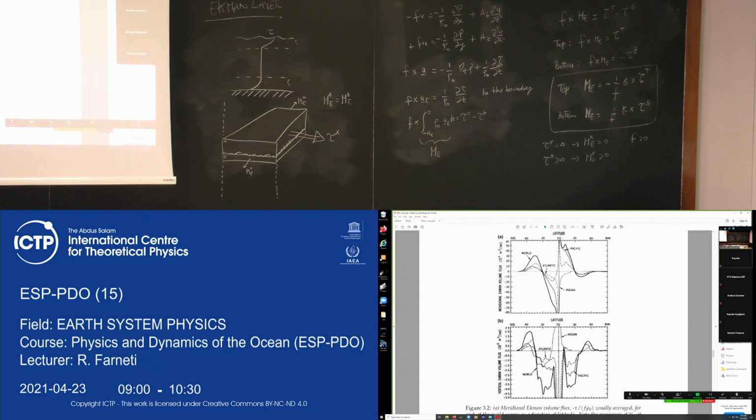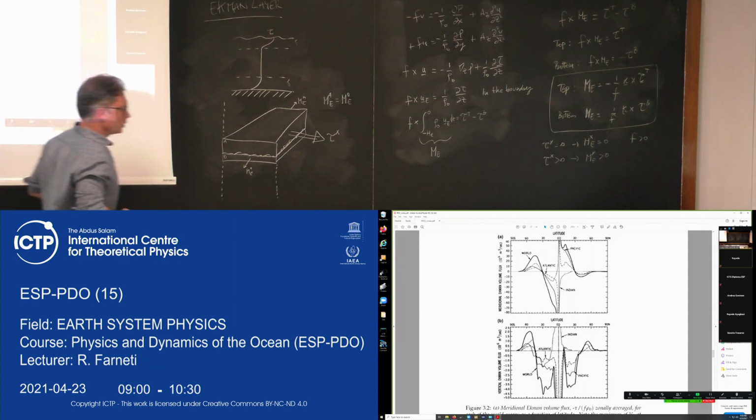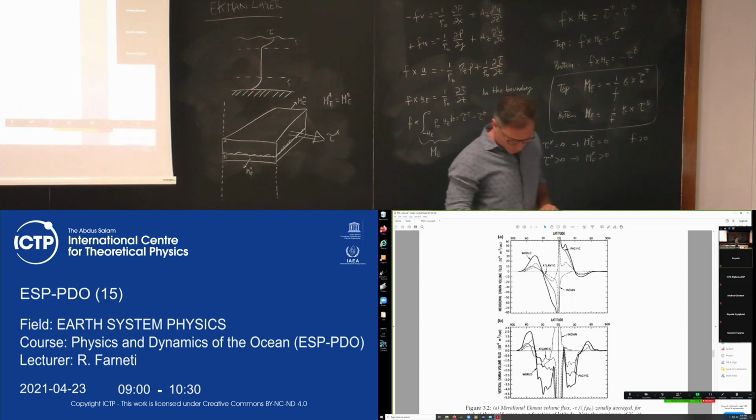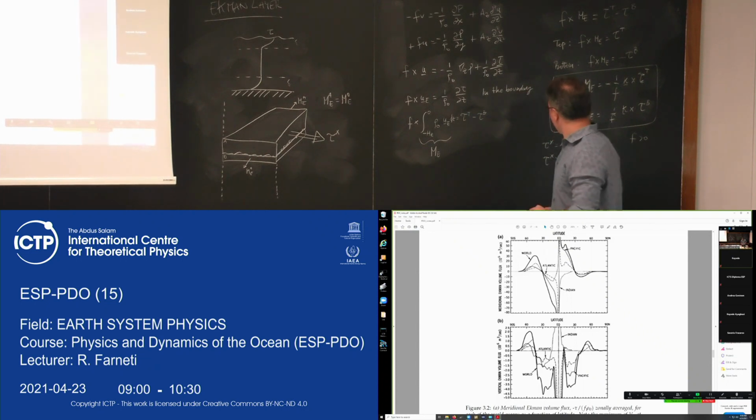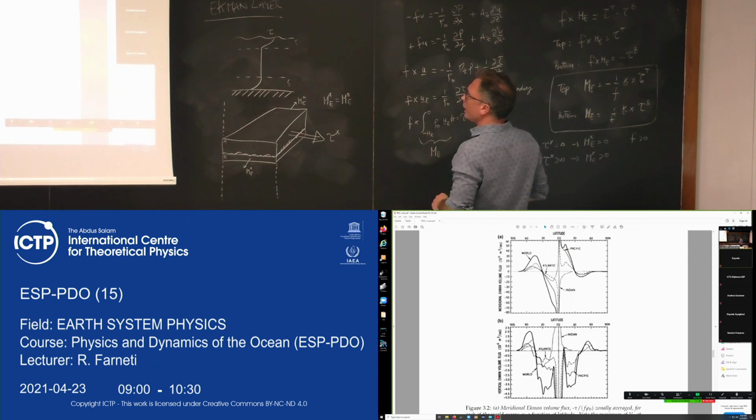Then you can look at the different contributions from all the different ocean basins. But the important thing is that there's a zero here, and so there is a mass transport to the north, and here there's a mass transport towards the equator. And that will cause, as we will see in a second, Ekman pumping.